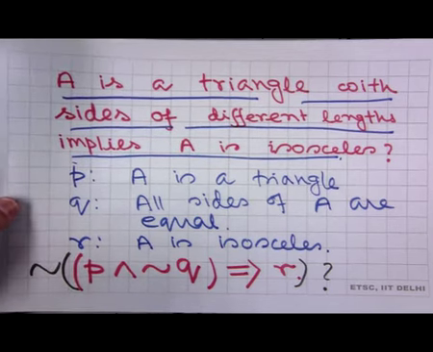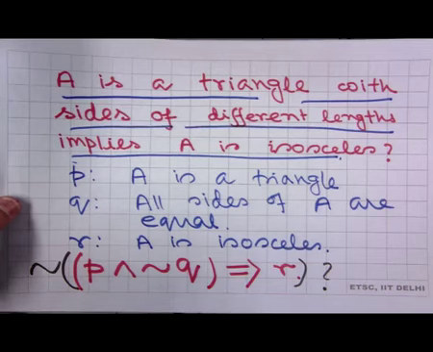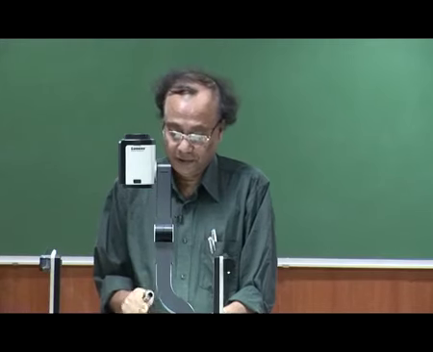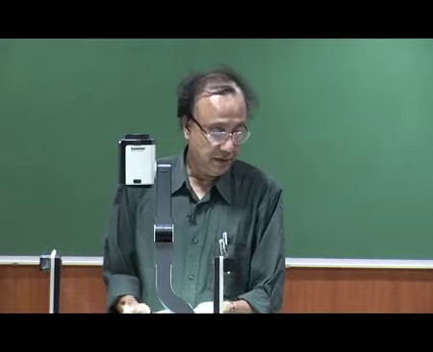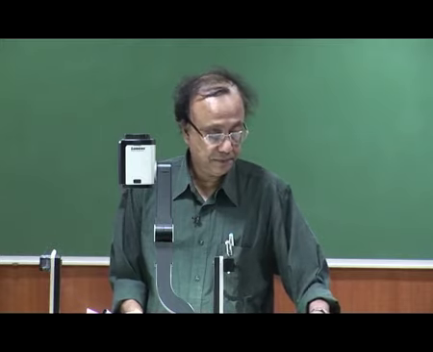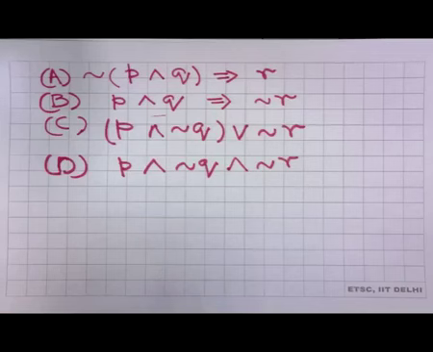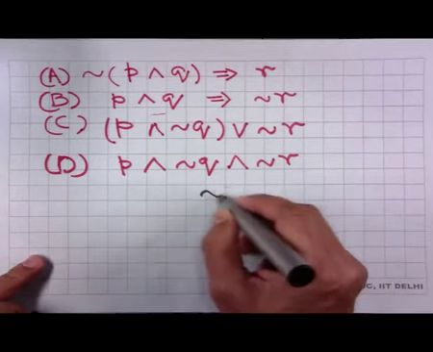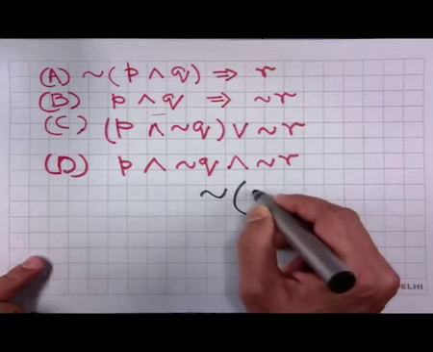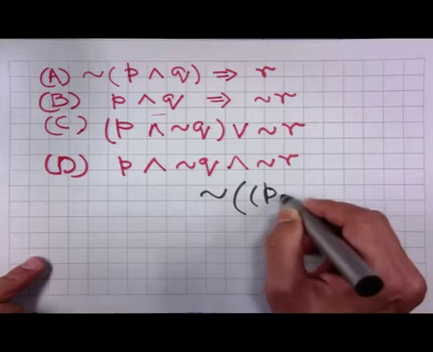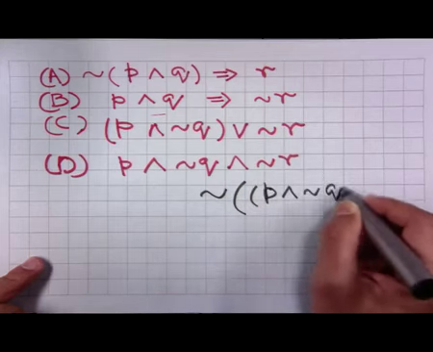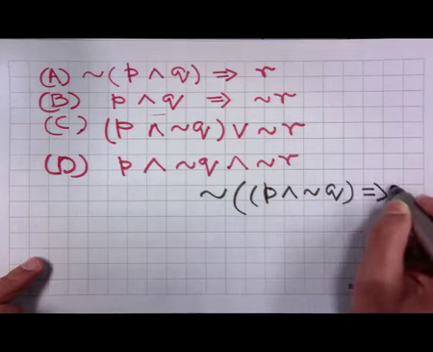We have been given four alternatives, and we have to find out which of these is the correct alternative. Now, let us look at the alternatives. These are the alternatives, and we need to find the negation of P and not Q implies R.